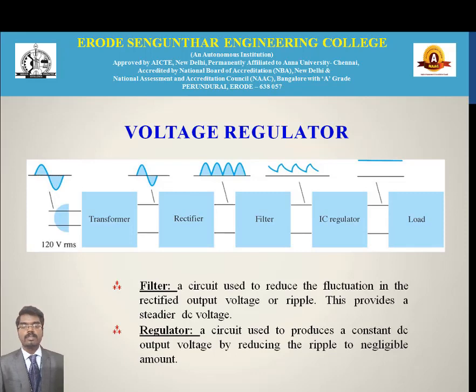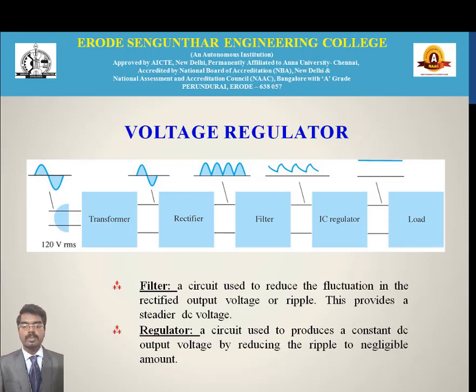Filter is nothing but a circuit used to reduce the fluctuation in the rectified output voltage or ripples. This will provide a steadier DC voltage. So the output of the rectifier contains some AC ripples, which is reduced by the filters. At the output of the filter, the output is uncontrolled DC.